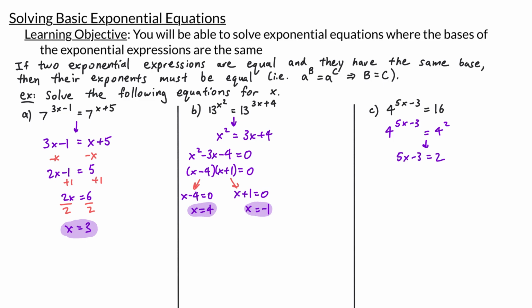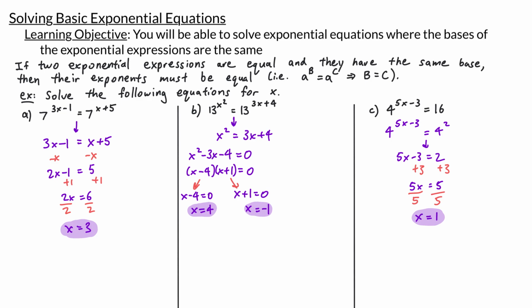So we've transformed our exponential equation into an algebraic equation. And so we can solve for x by first adding 3 to both sides. This is going to give us 5x equals 5. Now let's divide both sides by 5, and that's going to give us x equals 1. And x equals 1 here is the solution to our exponential equation.